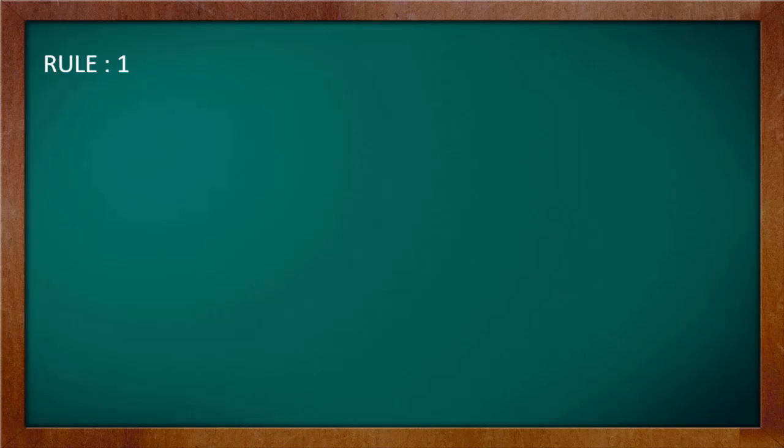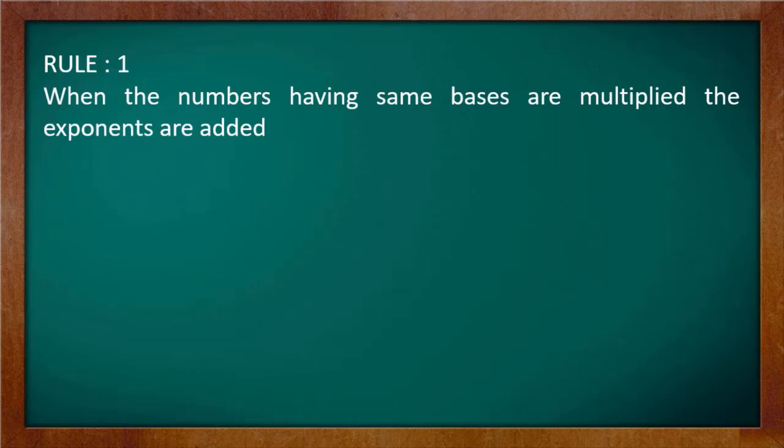Now, there are several rules which you need to understand to solve these types of questions. Rule number 1: when you have the same bases and the bases are being multiplied, then the exponents or powers get added. This is the general rule. Like a raised to b into a raised to c, the bases are the same but the powers are different, that is b and c, so the powers will be added up.